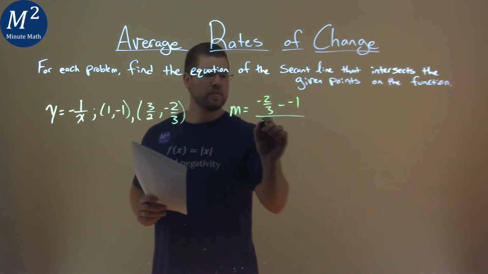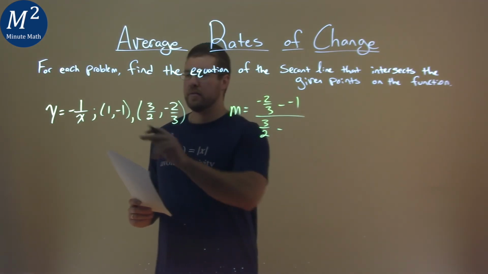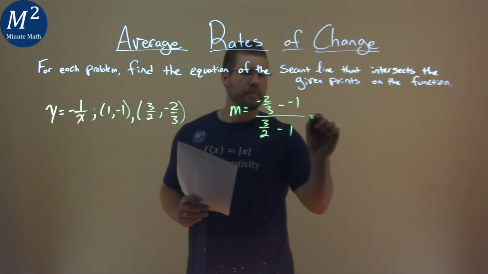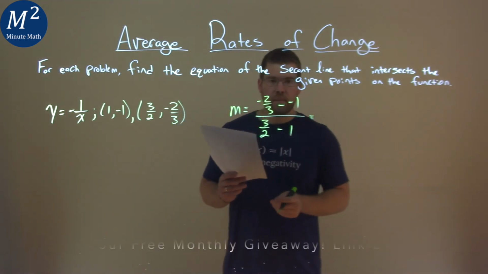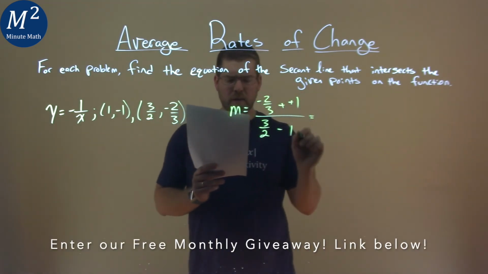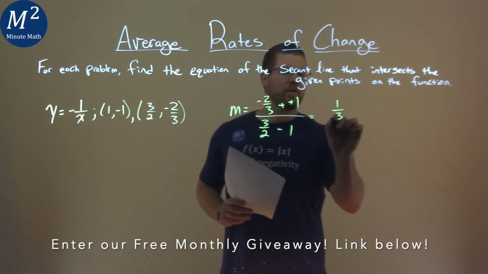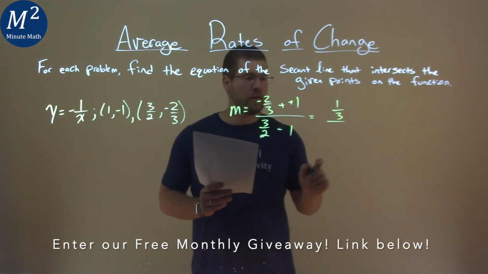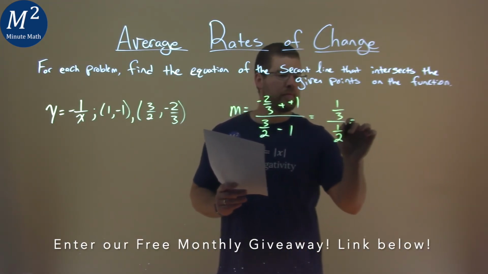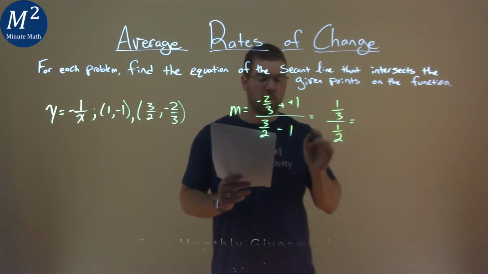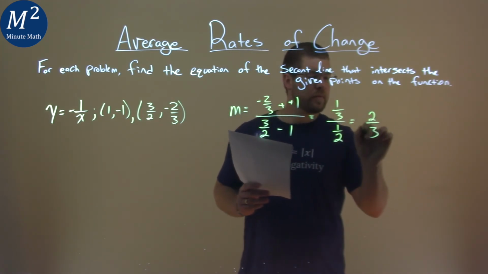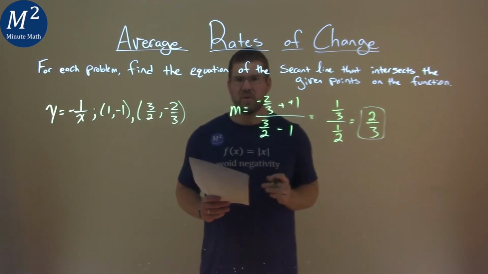Same thing with the x, 3/2 minus a positive 1. Well, negative 2/3 minus a negative 1, or plus a positive 1, is just a positive 1/3. 3/2 minus 1 is 1/2. 1/3 divided by 1/2 is 2/3. So our slope here is 2/3.